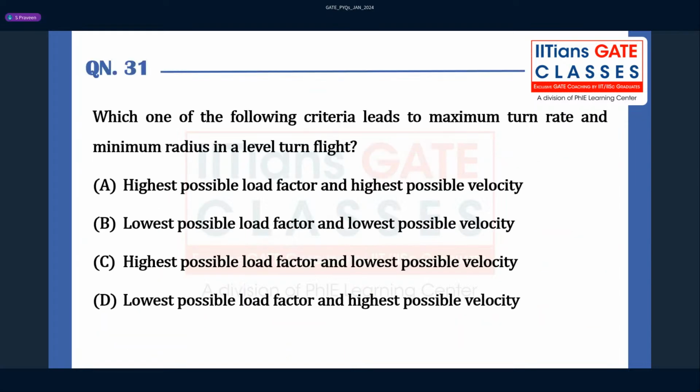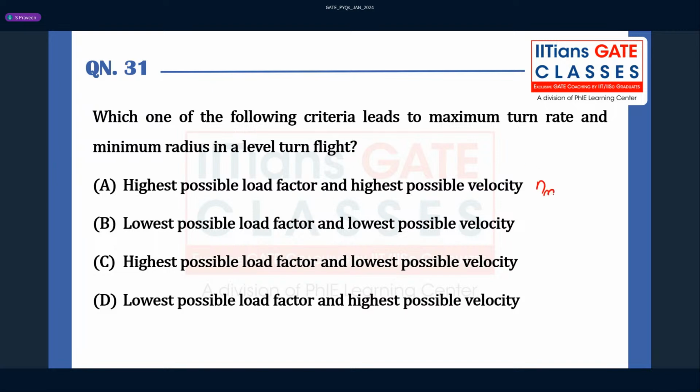Which one of the following criteria leads to maximum turn rate and minimum radius in a level turn flight? We have first option, highest possible load factor and the highest possible velocity. Lowest possible load factor and the lowest possible velocity. Highest possible load factor and the lowest possible velocity. Lowest possible load factor and the highest possible velocity. Because there are big words, let me write the options in simpler form.